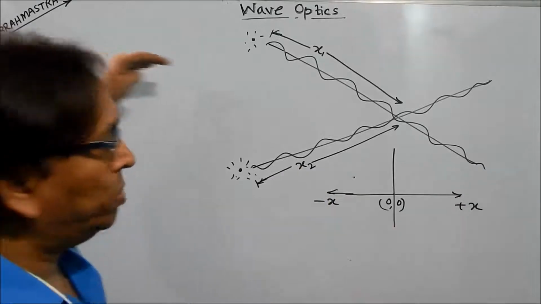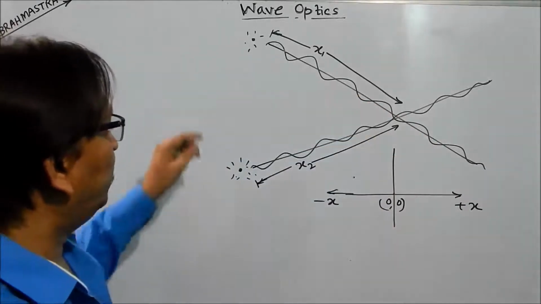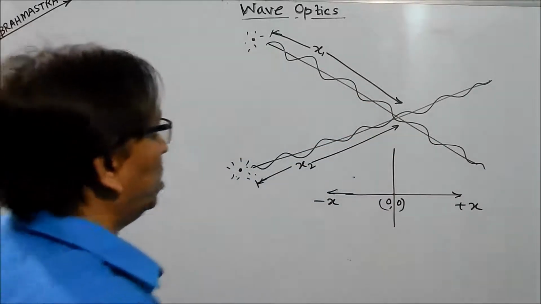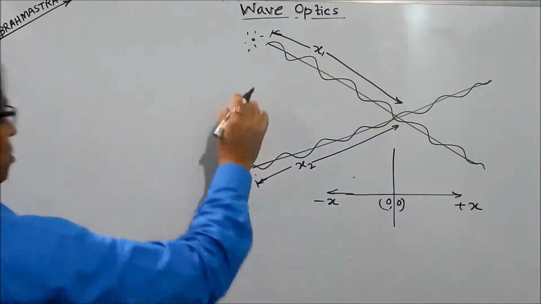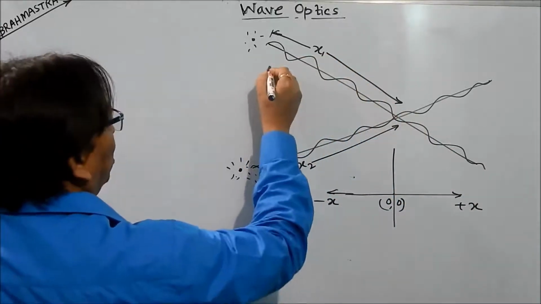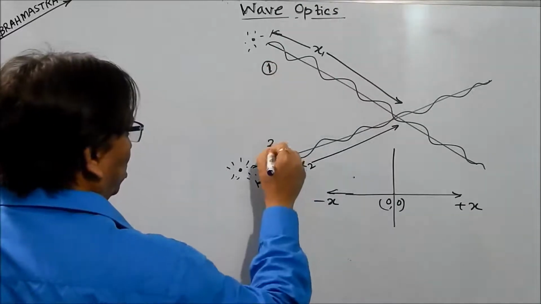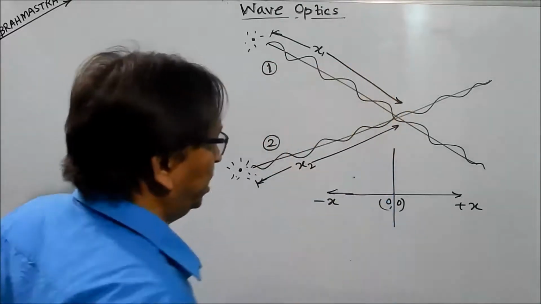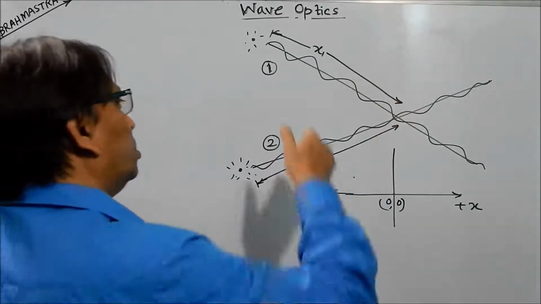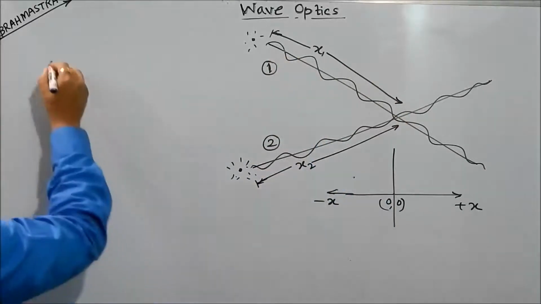These waves are coming from the minus x-axis. So the equation of the waves will be like this. Suppose this is wave 1 and this is wave 2, and they are superposing here.